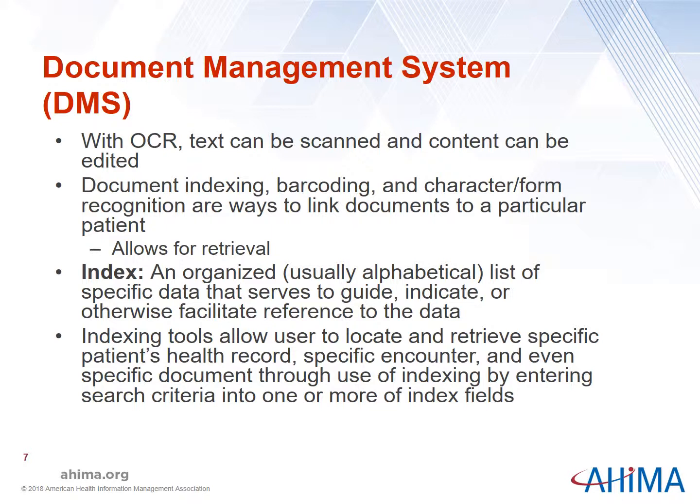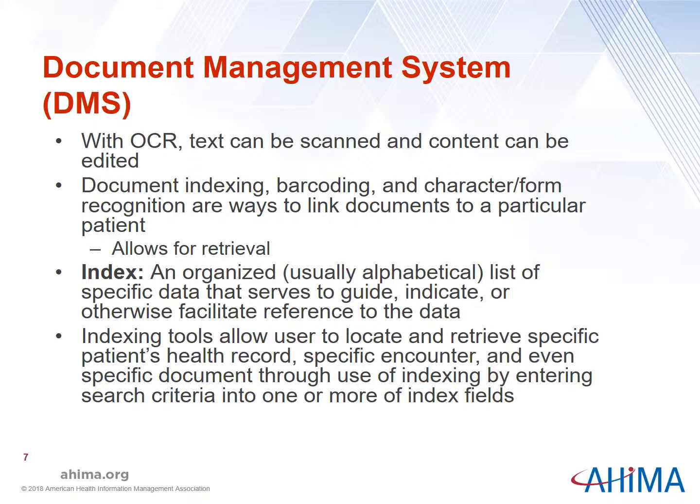Document indexing, barcoding, and character and form recognition are ways to link documents to a particular patient, thus allowing for retrieval. An index is an organized, usually alphabetical list of specific data that serves to guide, indicate, or otherwise facilitate reference to the data.